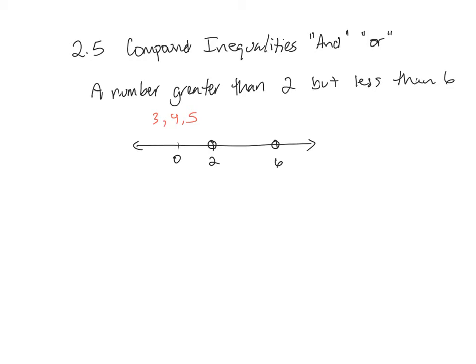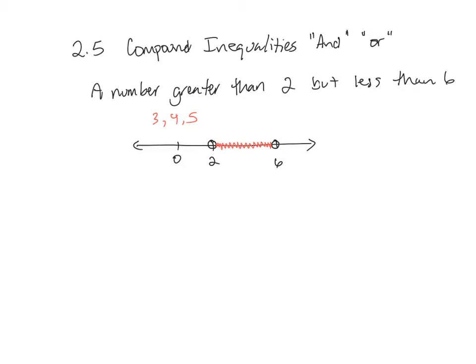Greater than 2 but less than 6 is all those numbers in between there. So it's not even just 3, 4, and 5. It's 3.5 and 4 1/4 and 5.8 and all those things in between would fit this criteria that I just wrote.